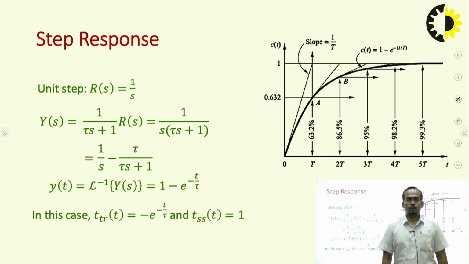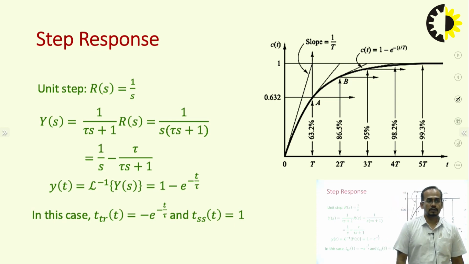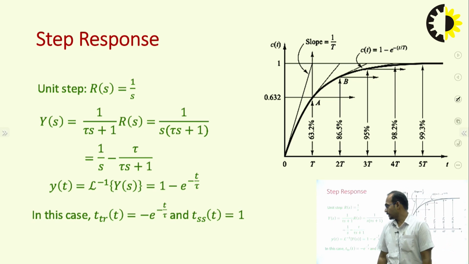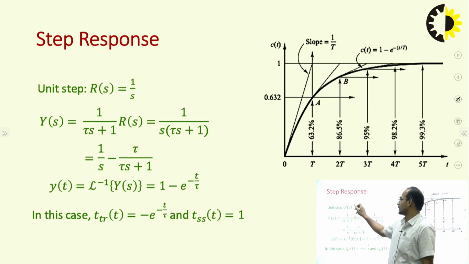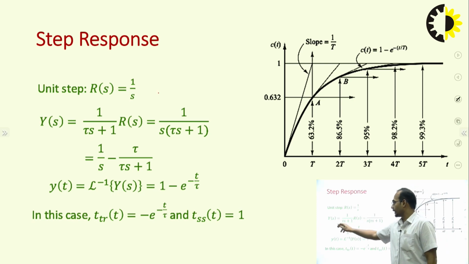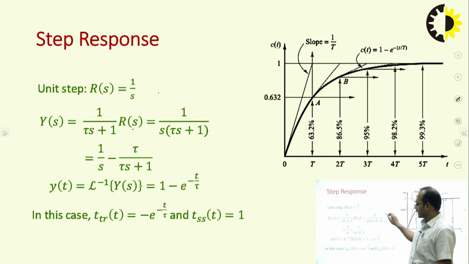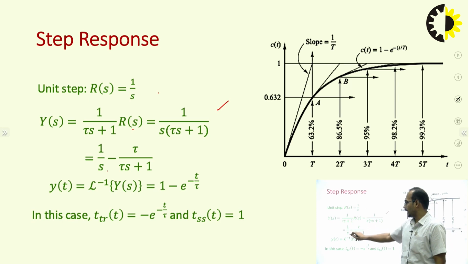Now, what will be the step response? The process will be the same, only R(s) has been changed. The Laplace transform of the unit step signal is 1 by s. So Y(s) is equal to 1 by (tau s plus 1) into R(s). After doing the partial fraction, we will get 1 by s minus tau by (tau s plus 1).